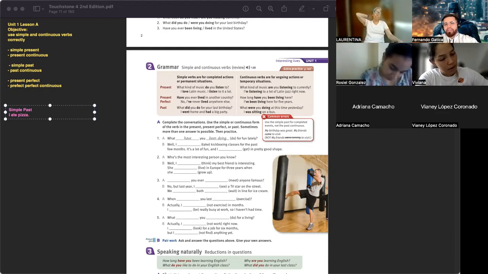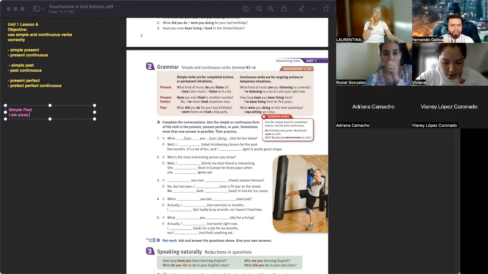And the cool thing is that you can use any subject with ate. I ate pizza, you ate pizza, they ate pizza, we ate pizza, she ate pizza, he ate pizza, and it ate pizza. You don't need to put an S on the verb. You don't need to modify anything. The verbs in the past work for every subject.